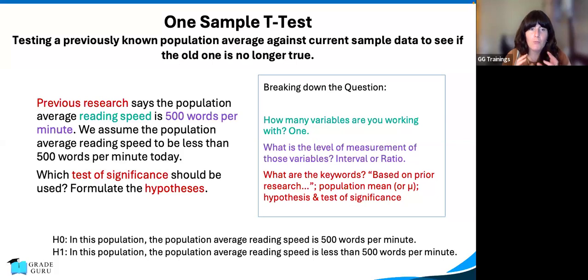The moment you start seeing any word associated with the test of significance, and that means significant, hypotheses, statistically significant, anything like that, then immediately it's a one sample t-test. The only other test of significance that uses one variable is the chi-square goodness of fit. And you can already rule that out when you have an interval ratio variable.